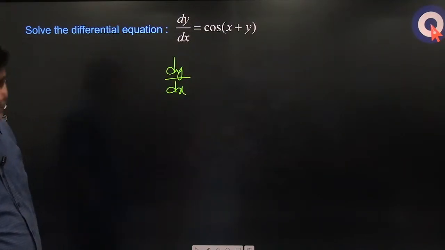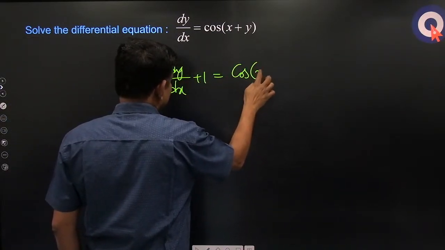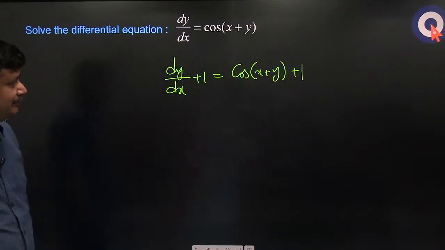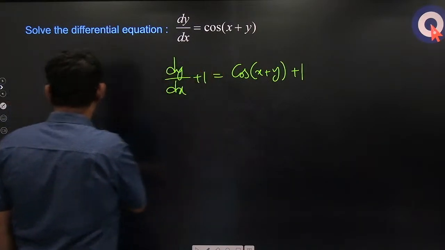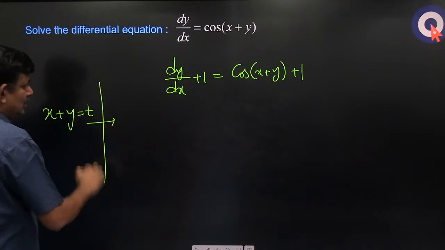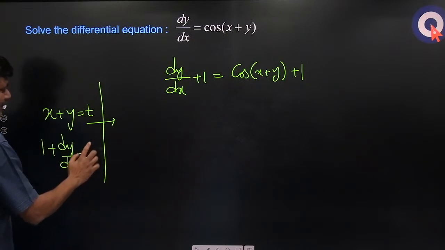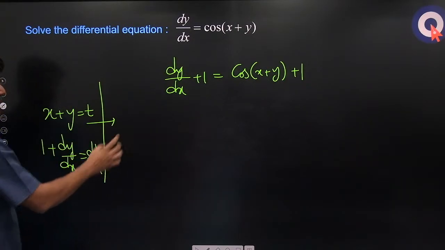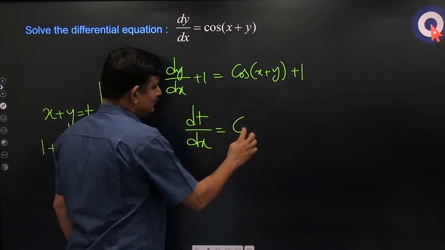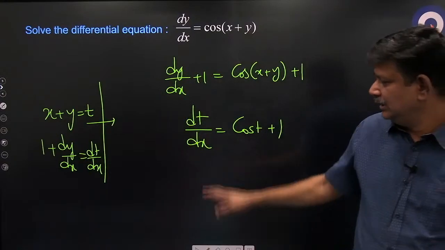dy by dx प्लस 1 ऐड कर दो इज इक्वल टू cos ऑफ x प्लस वाई प्लस 1. x प्लस वाई अगर t मान लेते हैं तो 1 प्लस dy by dx विल बी योर dt by dx. यही सोच के 1 ऐड किया था मैंने. dt by dx is equal to cos t plus 1. dx इधर लेके आओ.